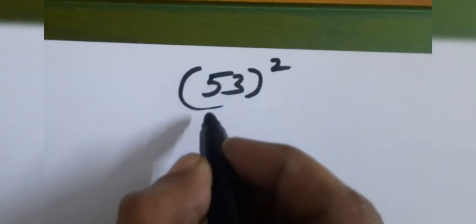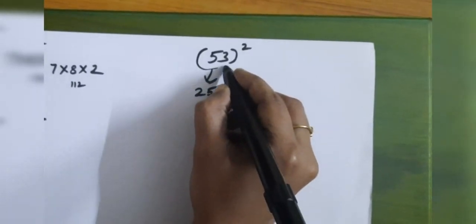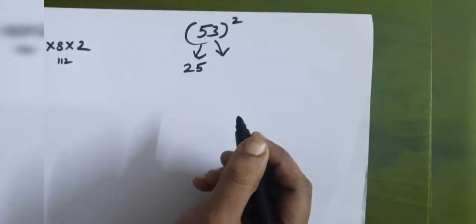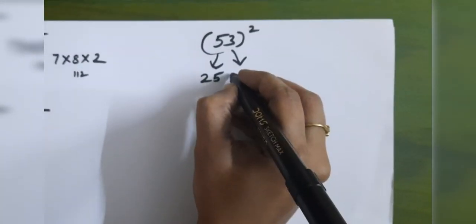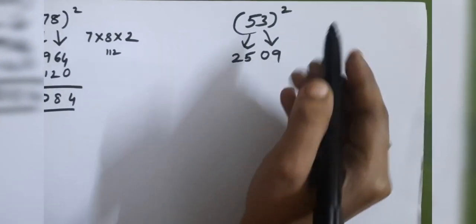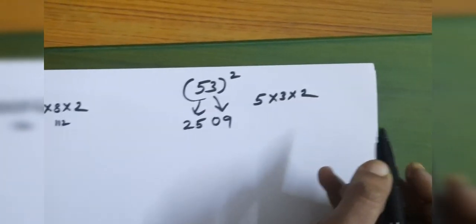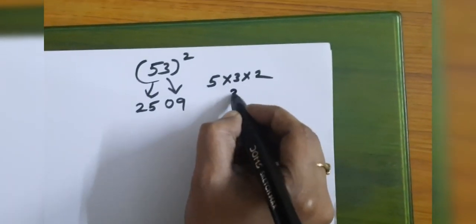Next we'll see 53 square. So 5 square is 25. 3 square is 9. But I have to write in 2 digits, so it should be 0, 9. Next 5 into 3 into 2. So 5 3s are 15, 15 2s are 30.